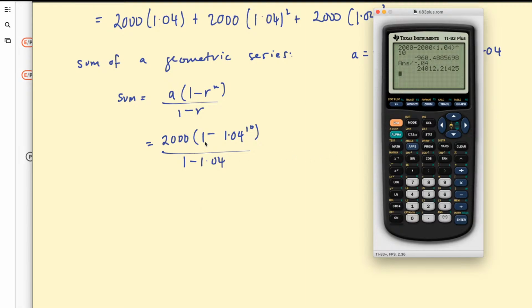Oh, I've put the first term in incorrectly. This should be 2000 times 1.04.